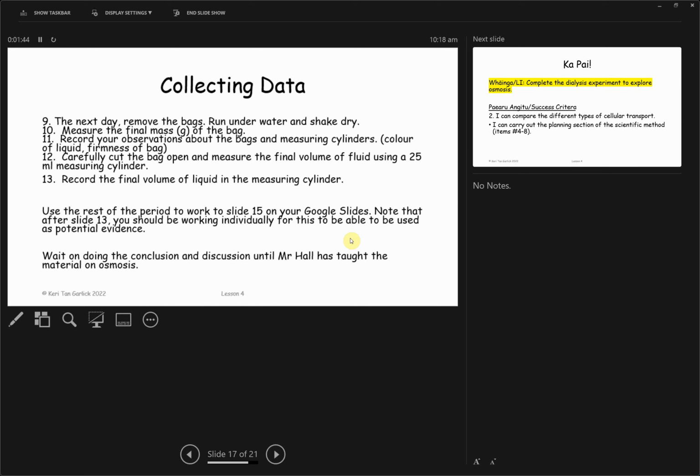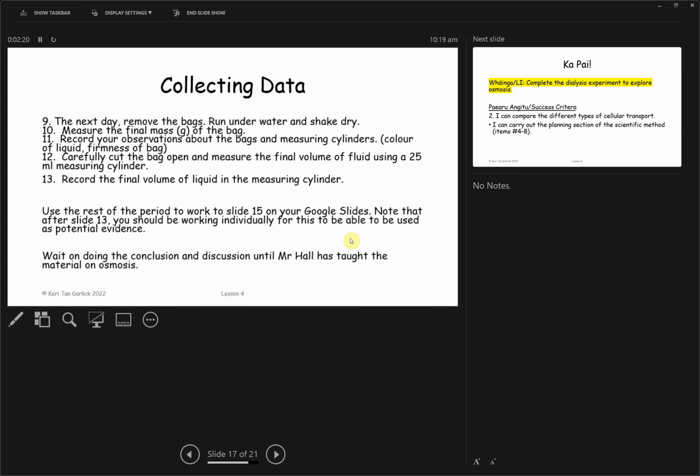So you should be recording mass of the dialysis bag, volume of the solution that's still in the cylinder, and the last thing to do to double check your measurement skills is you're going to take your dialysis bag after you've weighed it, and you're going to carefully cut it open and put the solution into one of these 25 mil measuring cylinders, and you're going to read the volume of what was inside the tube as well. Does that make sense?